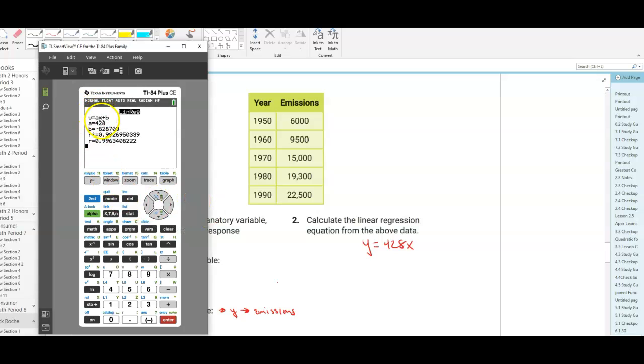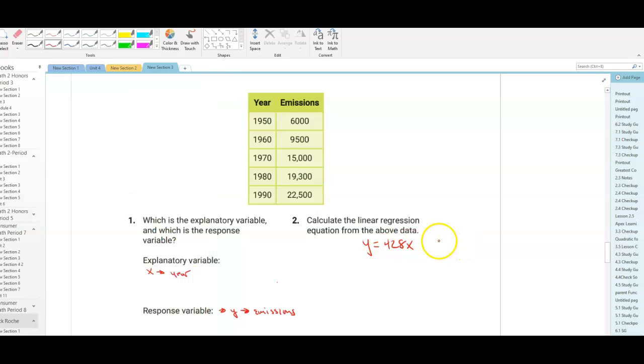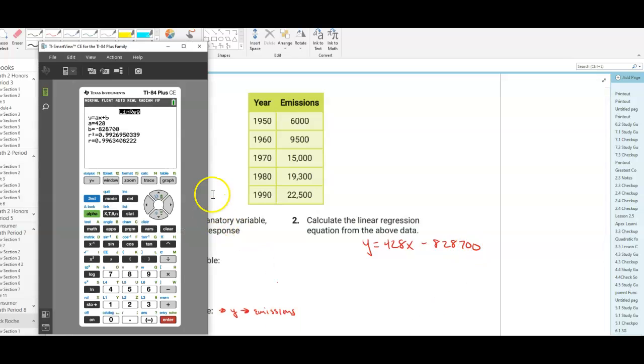So my A value is 428, so that goes there. My B is negative 828,700, so I'm going to go minus 828,700. Okay? Now, if you remember yesterday with our R value, my R value is 0.99, and that's really close to 1. So this tells me my data is really, really close to a best line.